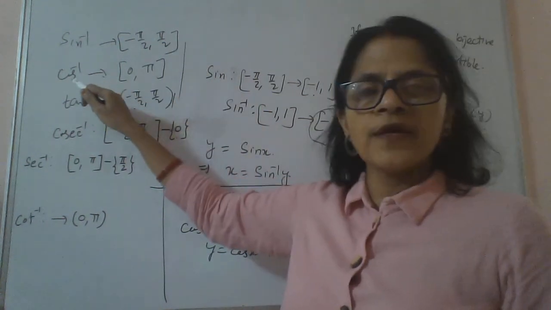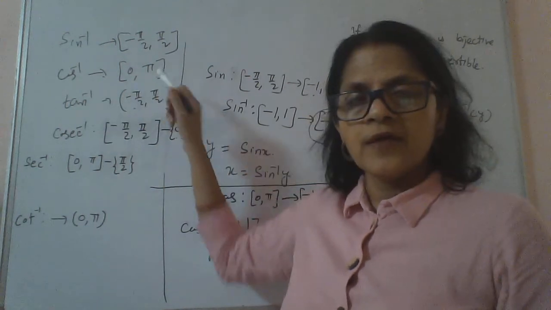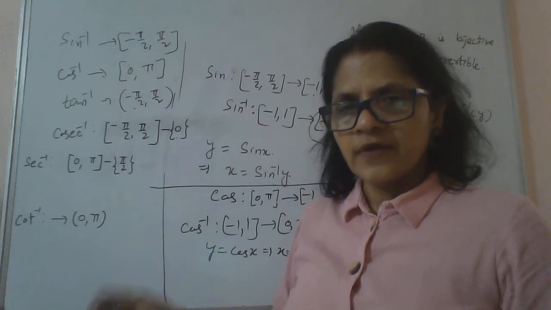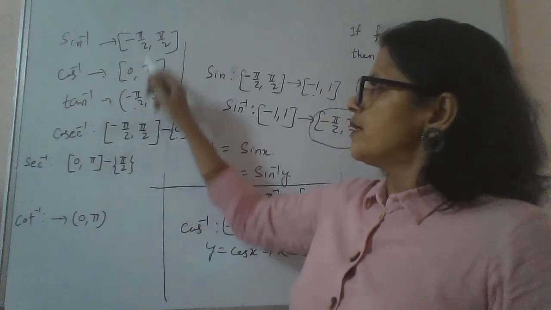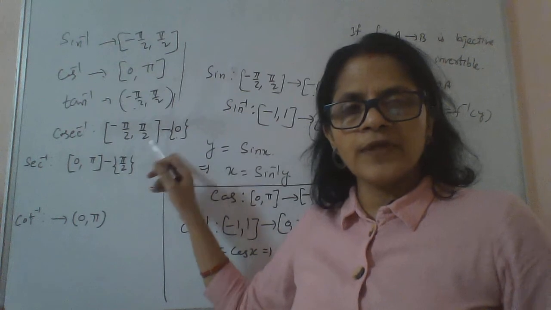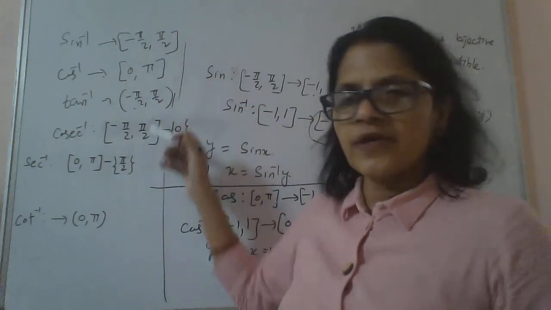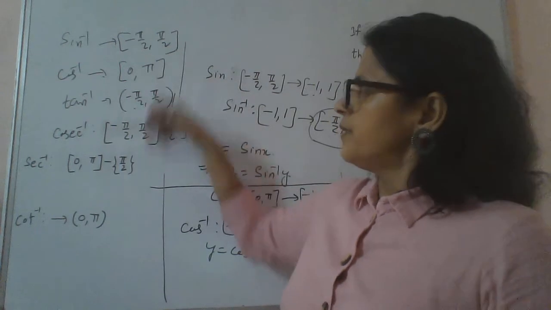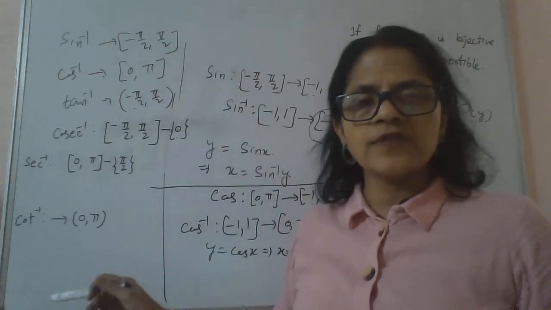Similarly the domain of the cosine function we restricted to 0 to pi to make cos x invertible, and tan x also. So basically these are the restricted domains of the original functions, or you can say these are the ranges, the intervals in which these inverse functions exist.